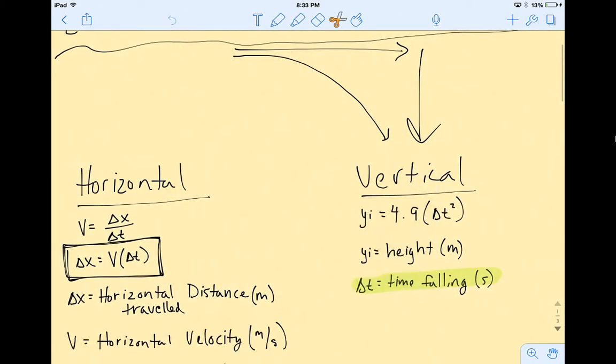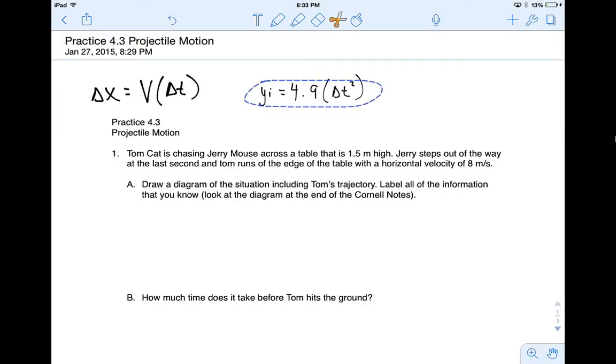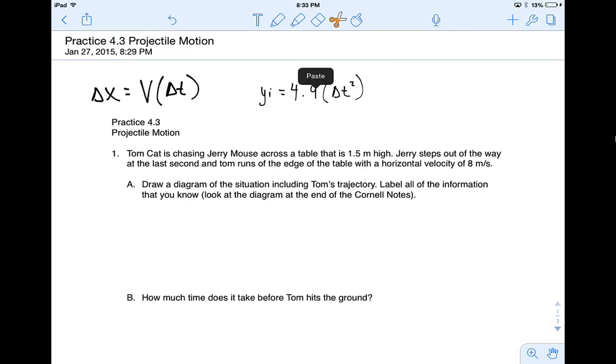I'm going to take that one, and then I'm also going to take this one. Those are my two really important equations that we learned yesterday. So I'm going to put them right at the top of the page, and you should just go ahead and write those at the top. I'm going to make them a little bit bigger. There we go. Okay, so now I've got my two equations written at the top.